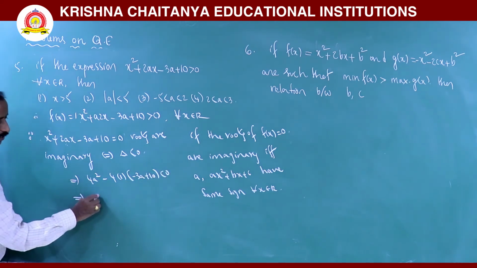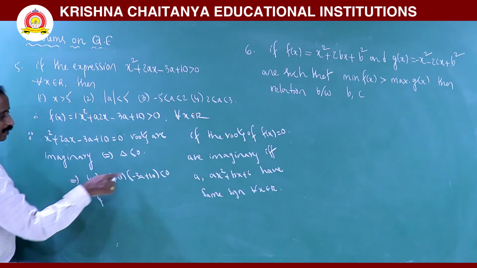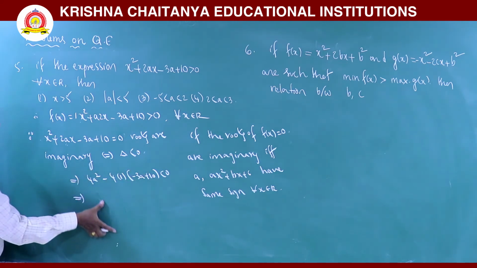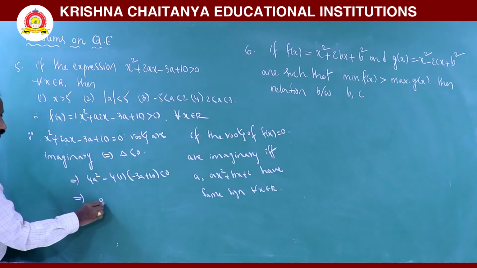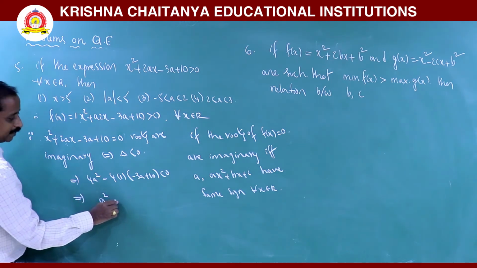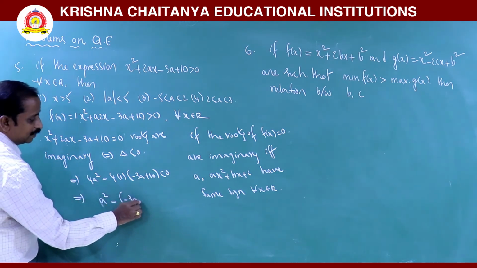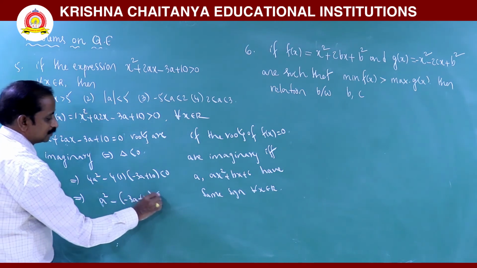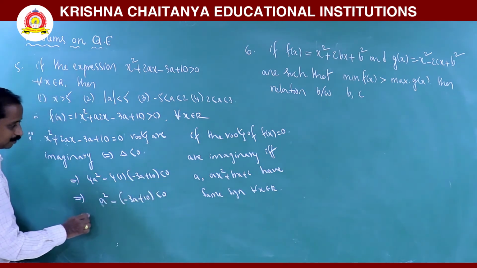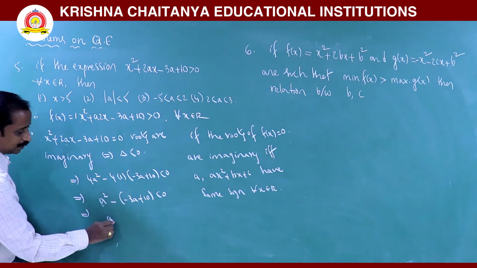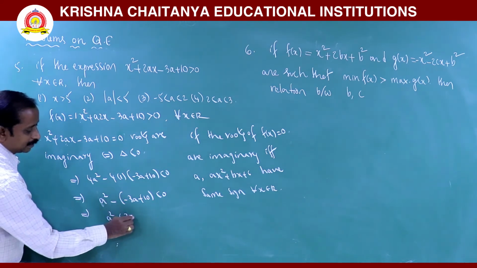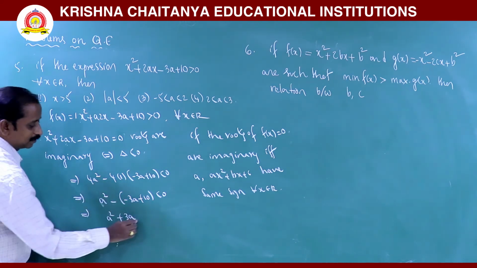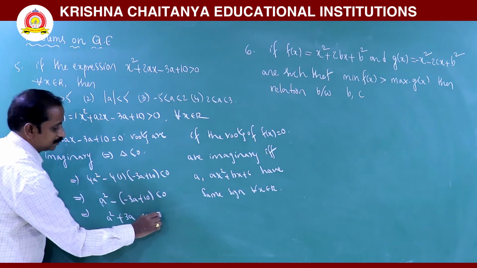After simplification, 4 is the cancellation term. Dividing by 4, the remaining is a square minus of minus 3a plus 10 less than 0, forming a quadratic inequation: a square plus 3a minus 10 less than 0.